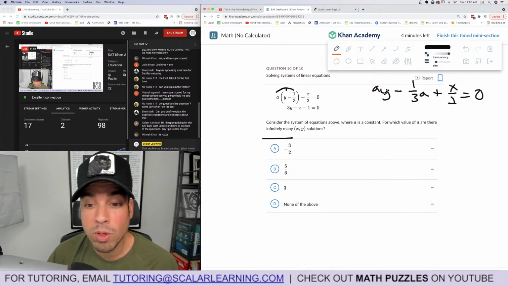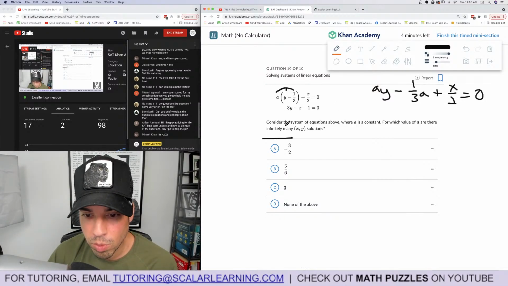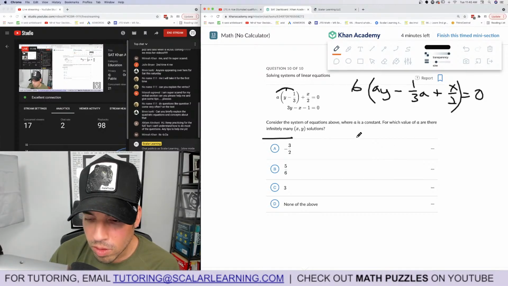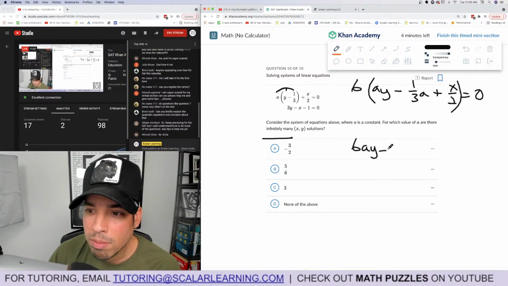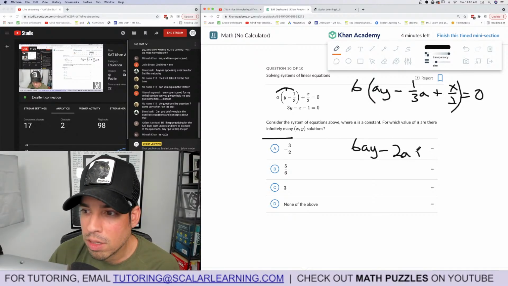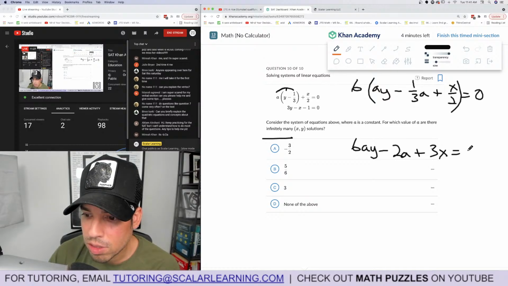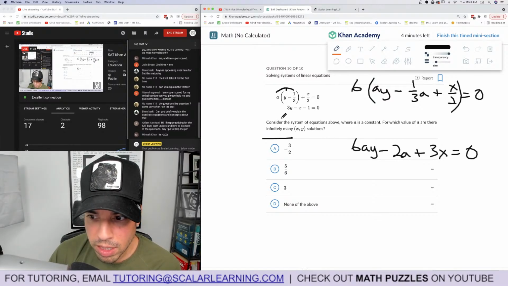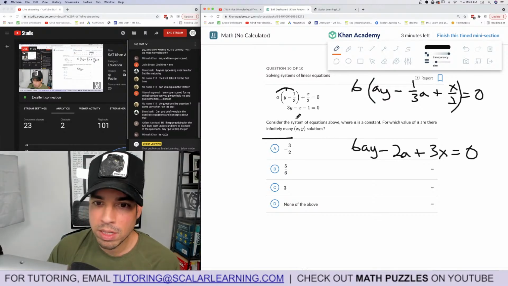Then, since there are no fractions on here and we want everything to be the same, I'm going to multiply everything by 6, the LCM of 3 and 2. 6AY minus 1/3 of 6 is 2A plus 3X equals 0. Okay, now I'm going to rewrite it like this. Uh-oh, wait.